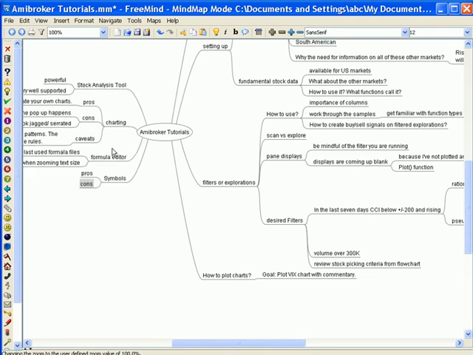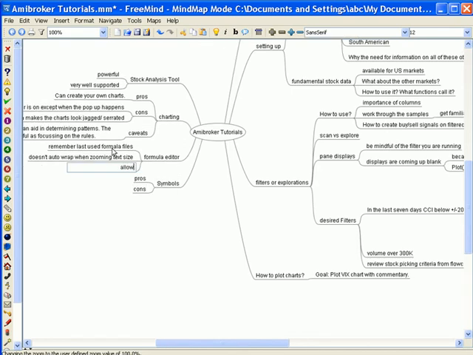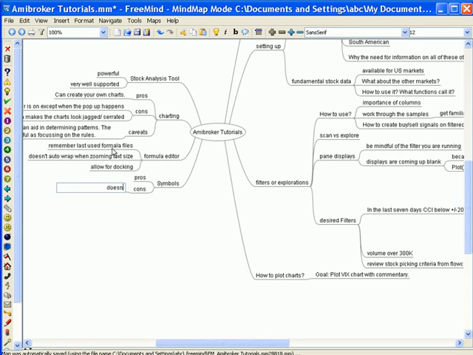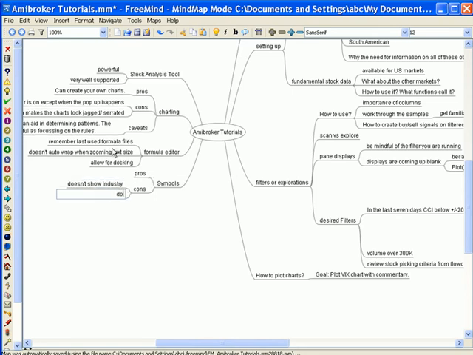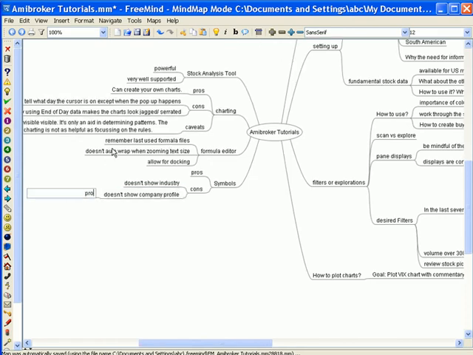Enter cons. Formula editor. Allow for docking. Pros, cons, symbols, cons. Doesn't show industry. Doesn't show company profile. That's probably under fundamental data, but why isn't the fundamental data being pulled?